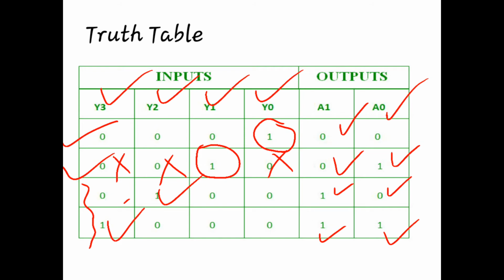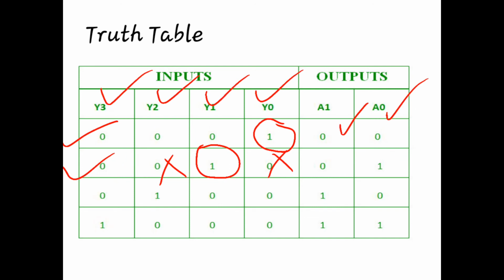So from the truth table, at a time one input line is active, which generates a binary code over the output lines A0 and A1.